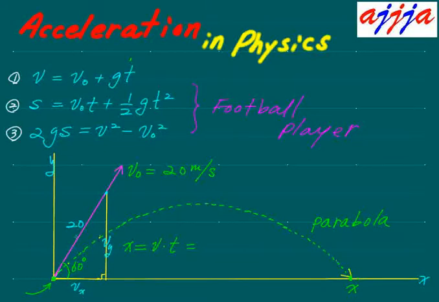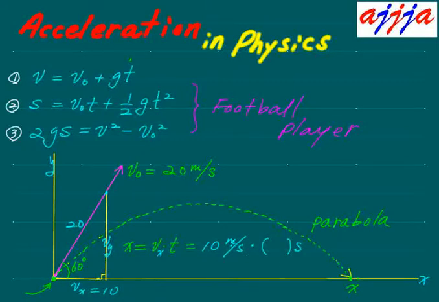This one is half of the hypotenuse. Hypotenuse is 20, so this one is 10. This is the x velocity, 10 meters per second, times time. All we need is the time in seconds.